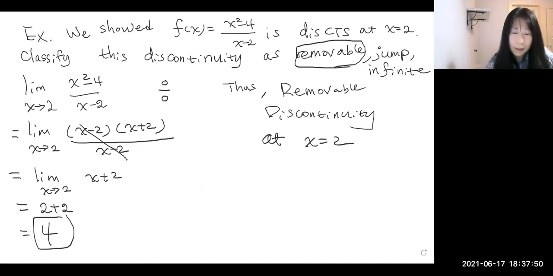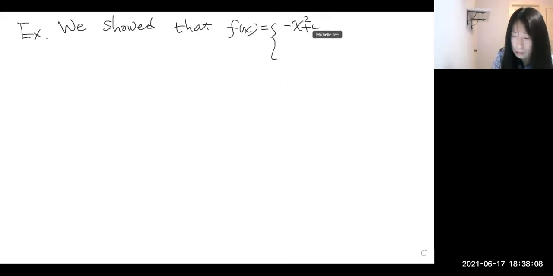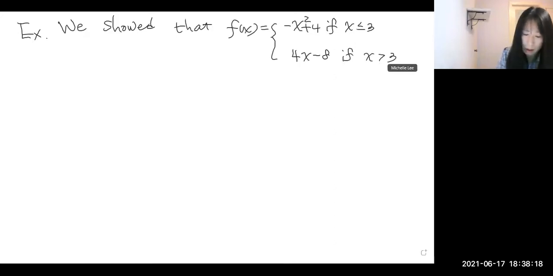All right. Let me erase. How about this one? We showed that this piecewise function, with 4x minus 8 a straight line, is discontinuous at x equal to 3.